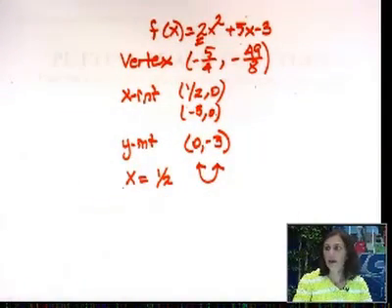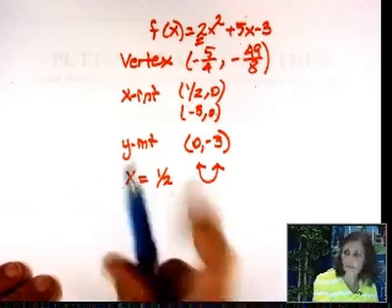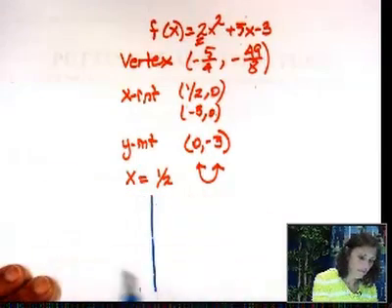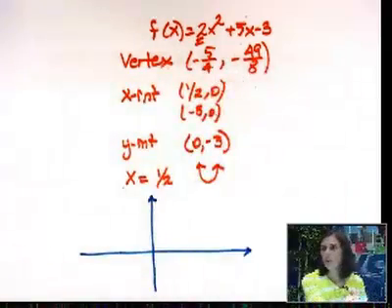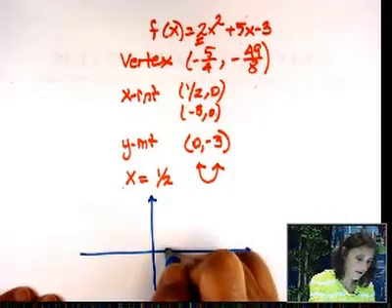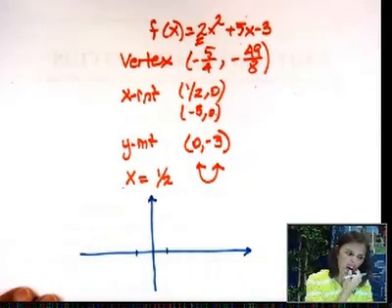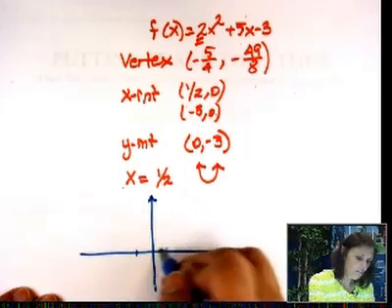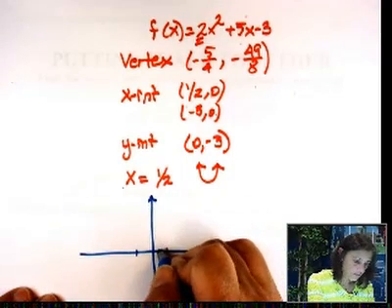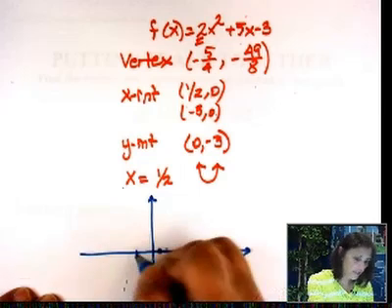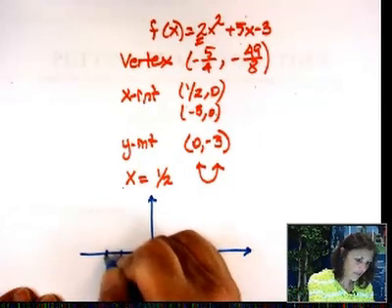Okay, well, let's try it. The vertex is kind of hard, so I'm going to start with the x-intercepts. 1/2, 0. And negative 3: 1, 2, 3.